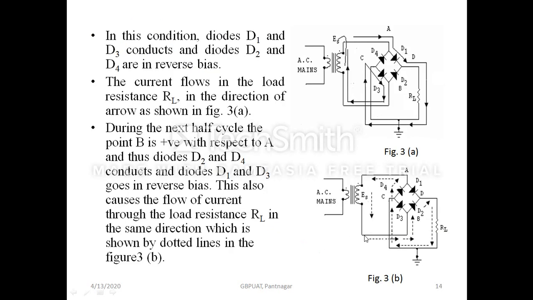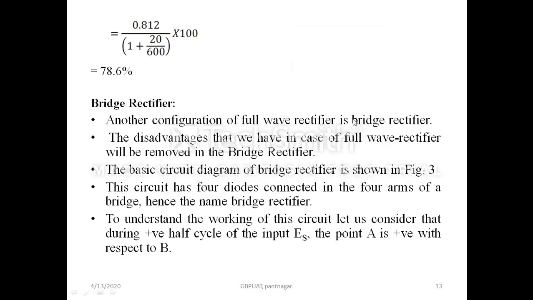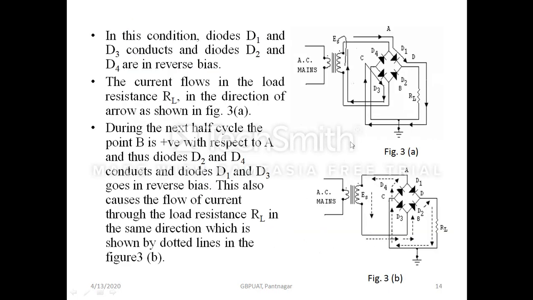To understand the working of this circuit, let us consider that during the positive half cycle of the input ES, the point A is positive with respect to point B. During this condition, the diodes D1 and D3 conduct, and the diodes D2 and D4 are in reverse bias.